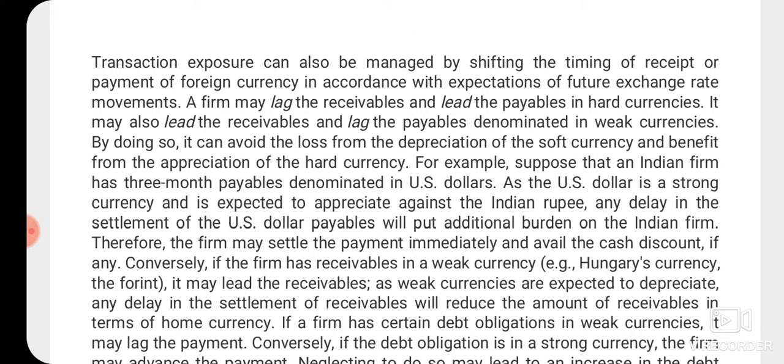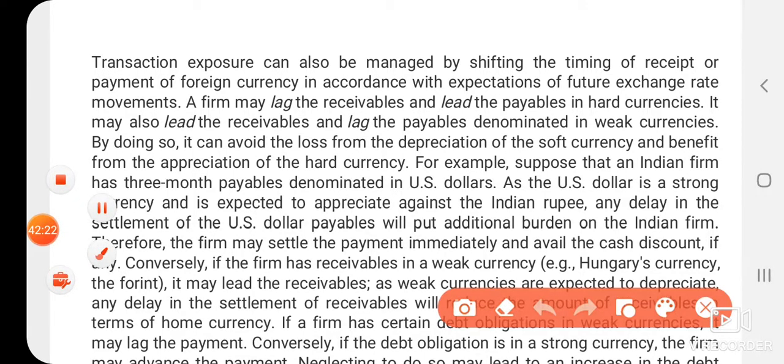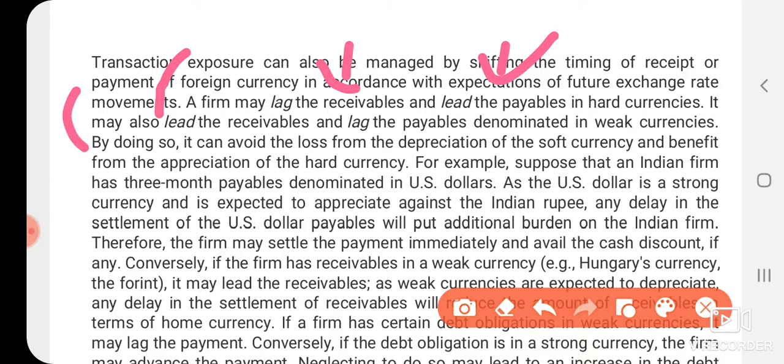In case of weak currencies, they lead the receivables and lag the payables denominated in weak currencies. When a currency is hard, they lag their receivables and lead the payables.